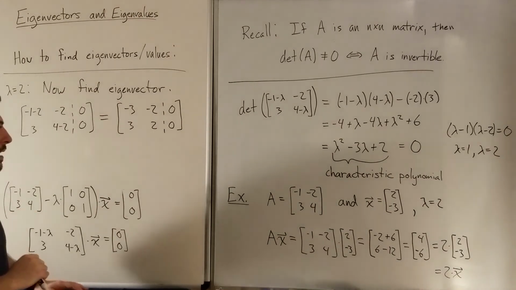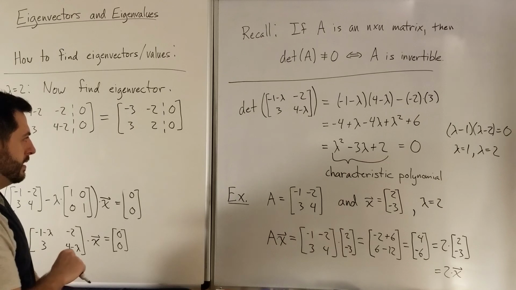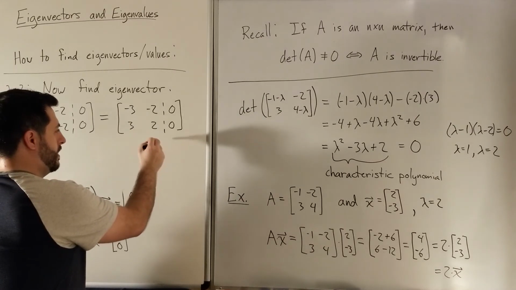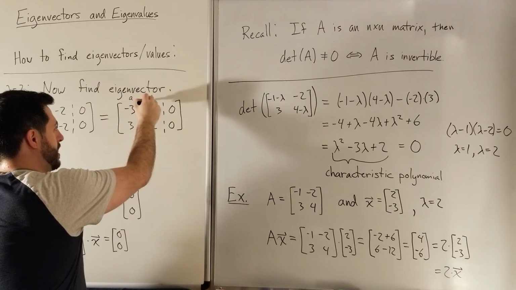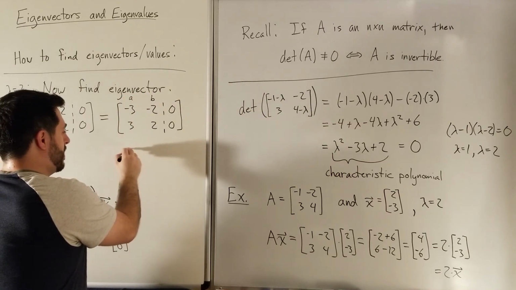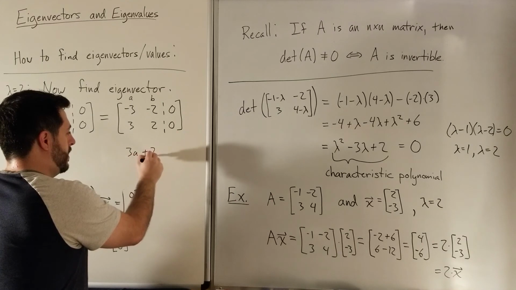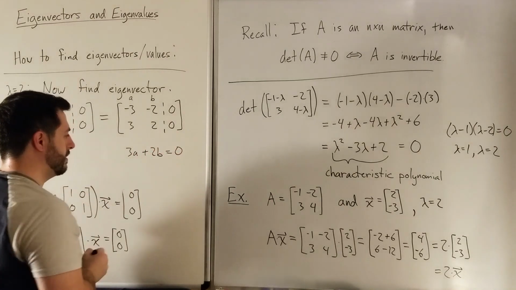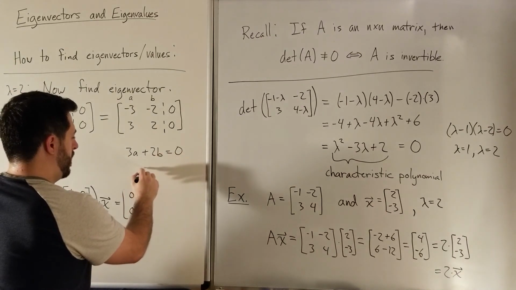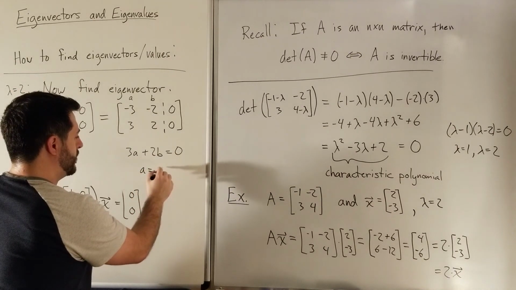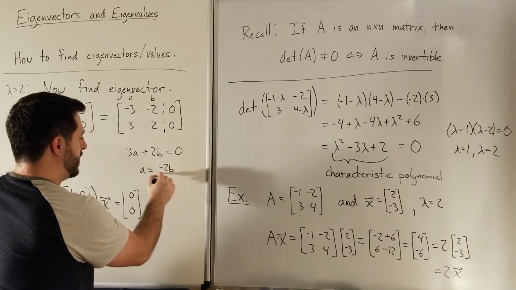So in this case, solving this is going to tell us that, I'm going to call this A and B, we're going to get that 3A plus 2B is equal to 0. In other words, A is equal to negative 2B over 3.